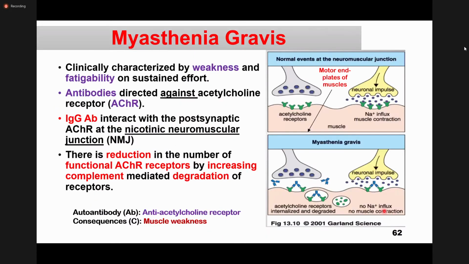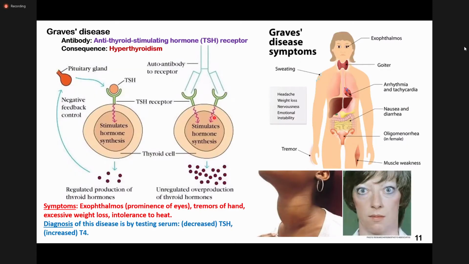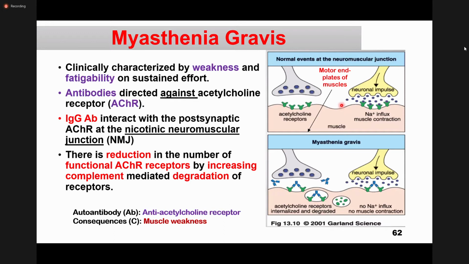Now in the myasthenia gravis, in the first case, it will stimulate the hormone. In this case, it will just stop it, okay? It will just not let the acetylcholine receptor bind there, okay? So there is no normal function of the neuromuscular junction, okay? So here is the normal event.